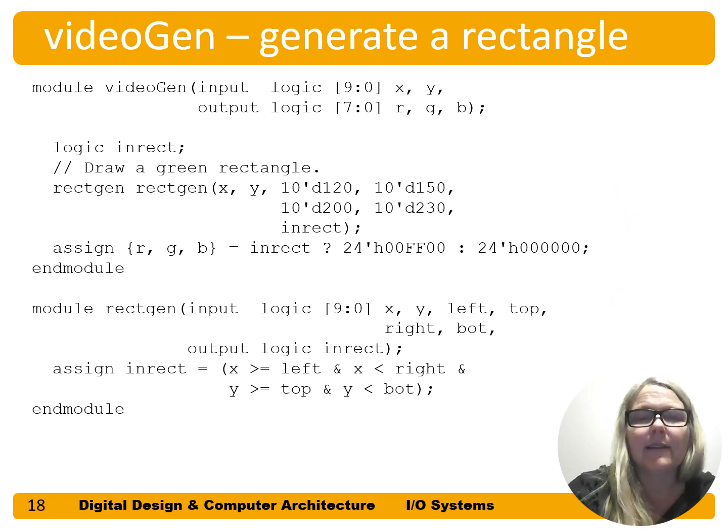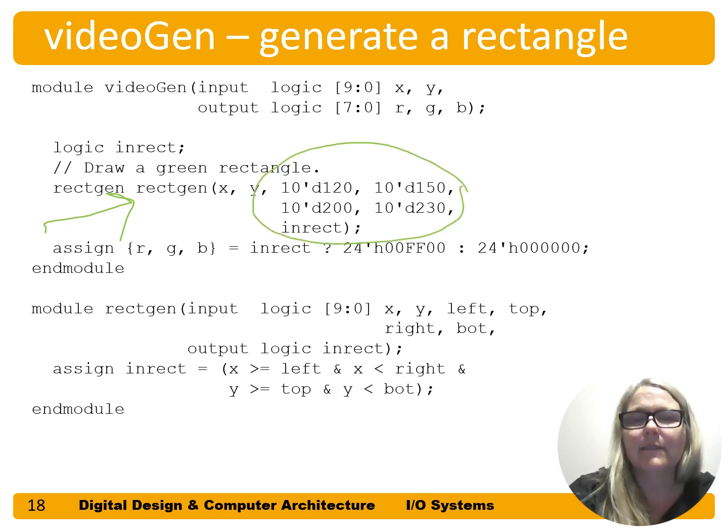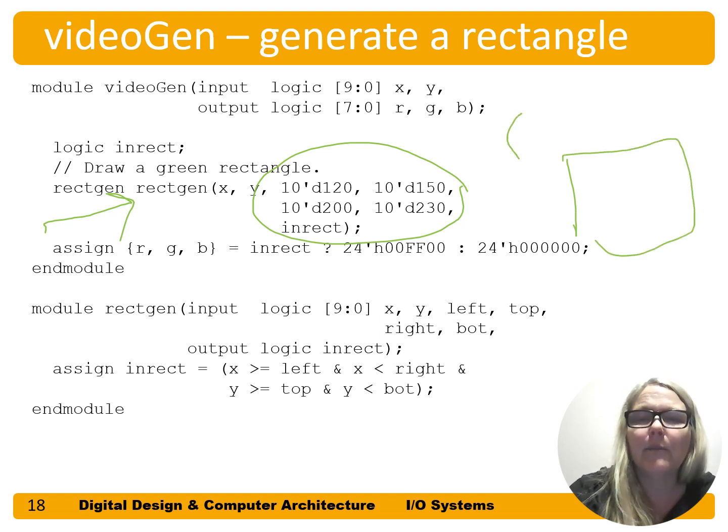And so we're going to instantiate this recgen module with some pixels, saying in this case the left top is 120, 150. So X, remember those are X and Y values.